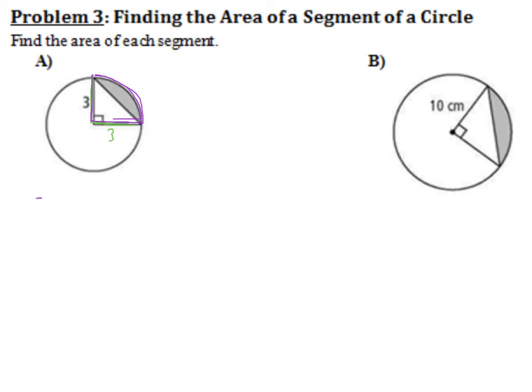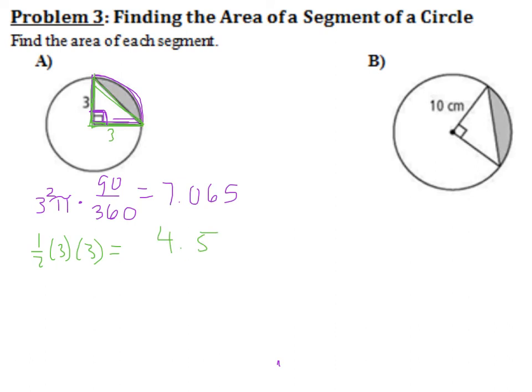So my area of my whole circle is radius squared times pi, except the angle that I'm dealing with is just 90. Right here it tells me that's 90, so I'm going to have 90 over 360. I'm going to figure out what that is. Second part I'm going to do is figure out what the area of my triangle is, right here. Remember, that's 1/2 times base times height.